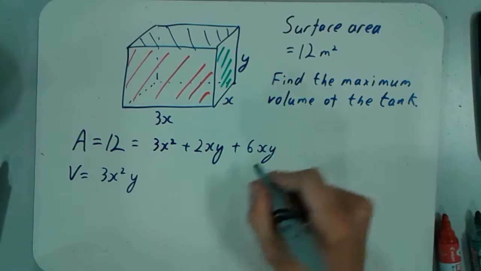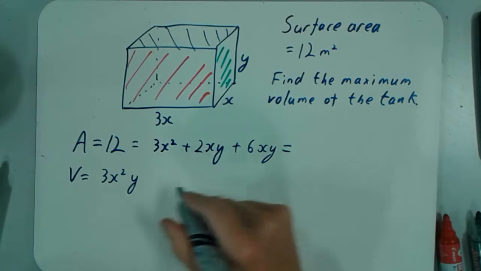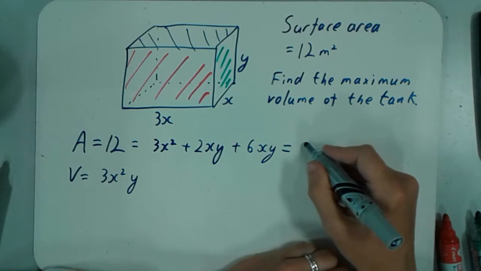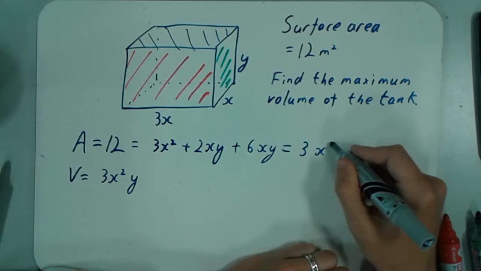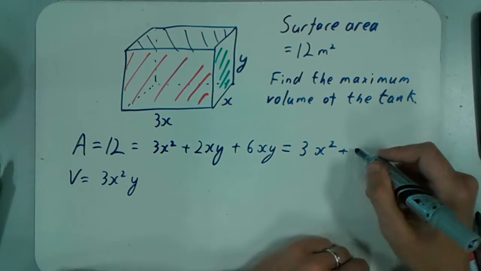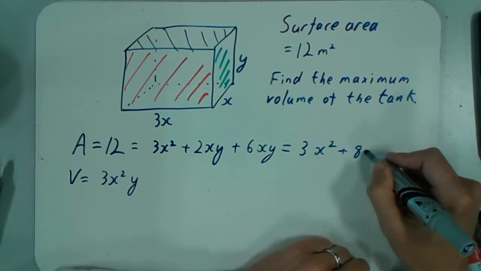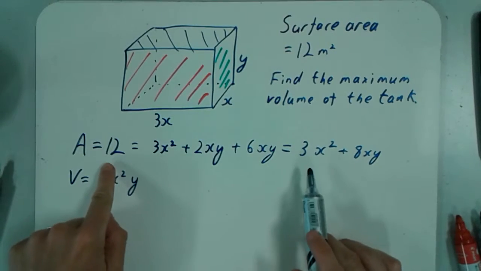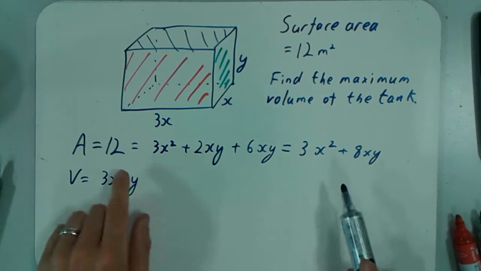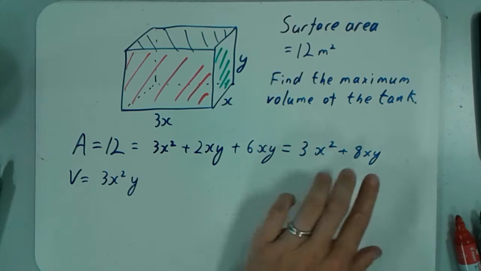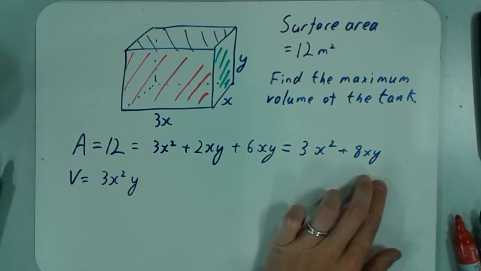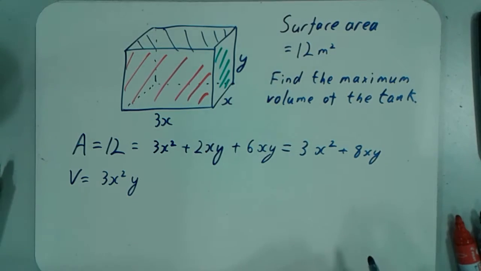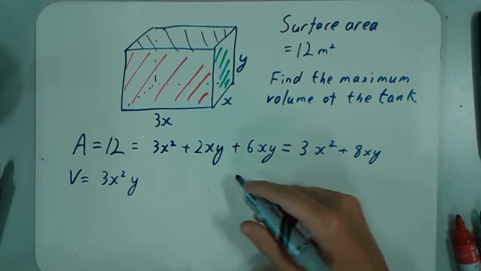So what does that tell us? That tells us that this total surface area, which we know is 12, could also be written as 3x squared plus 8xy. Now we notice we have an expression with x and y. We can make y the subject of this formula and then substitute it into here. So let's do that.